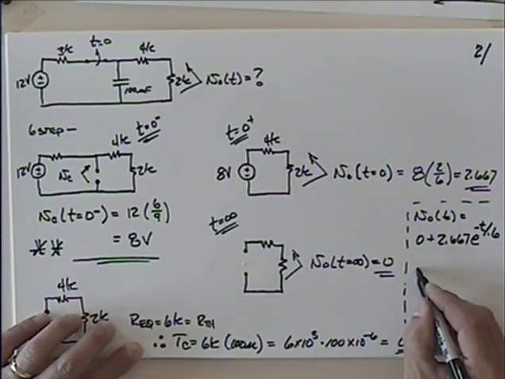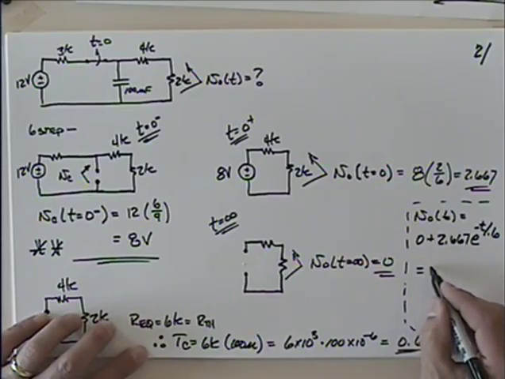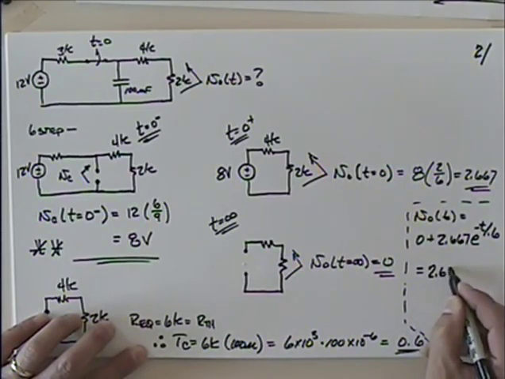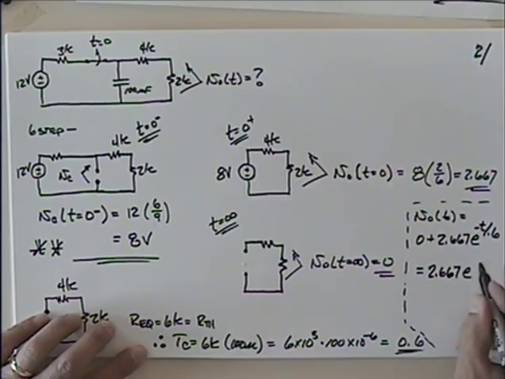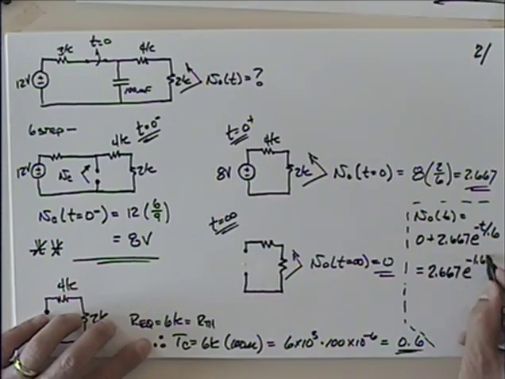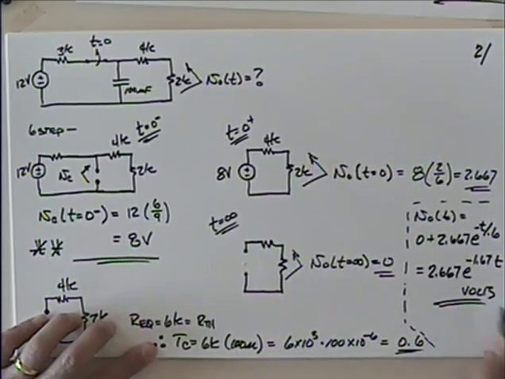If I tidy that up a little bit, get rid of that 0, we have 2.667 e, and then invert that 0.6, and I have minus 1.67 t, and that would be volts. And I think that's what we got last time.